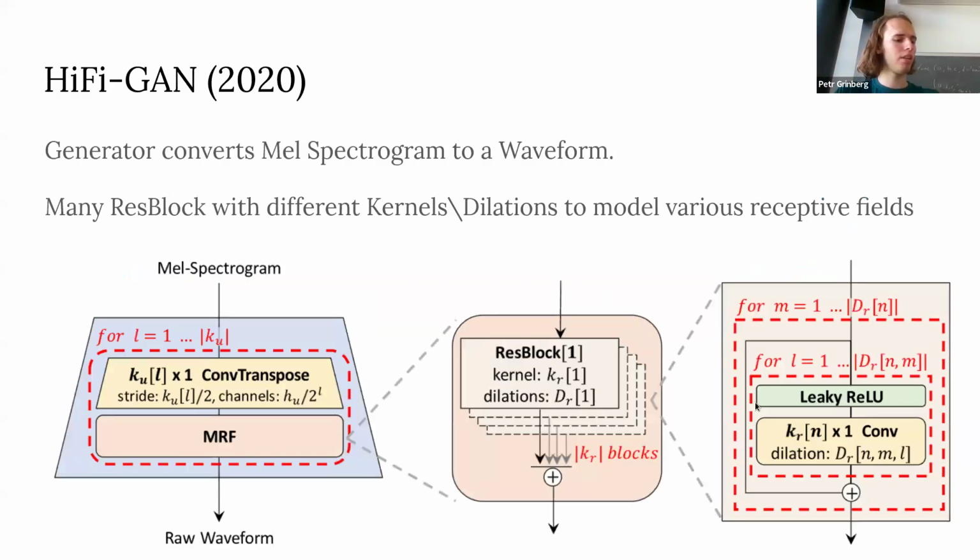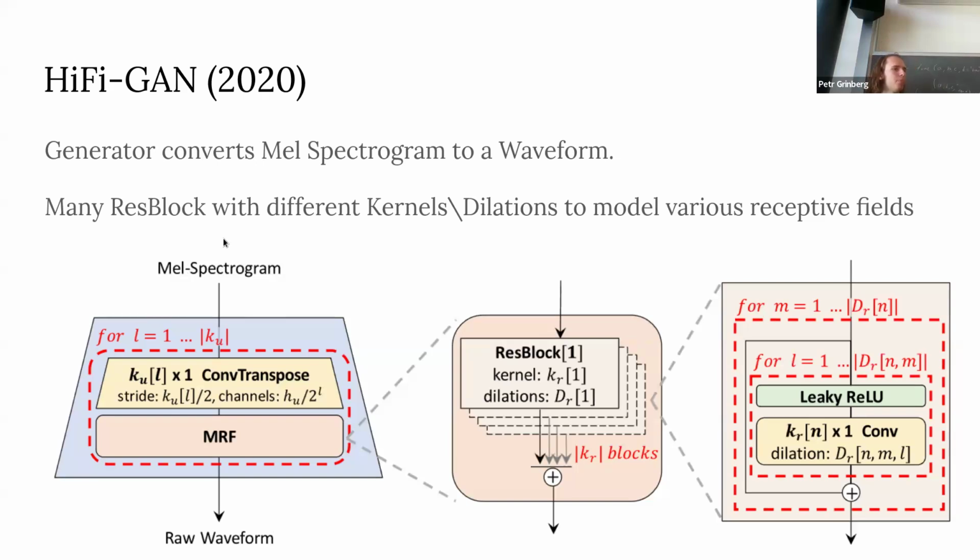And one example which we'll cover here is called HiFi GAN, high fidelity, I guess it means. So your generator converts a Mel spectrogram to a waveform. It looks like this. You have a lot of residual blocks applied one after another.